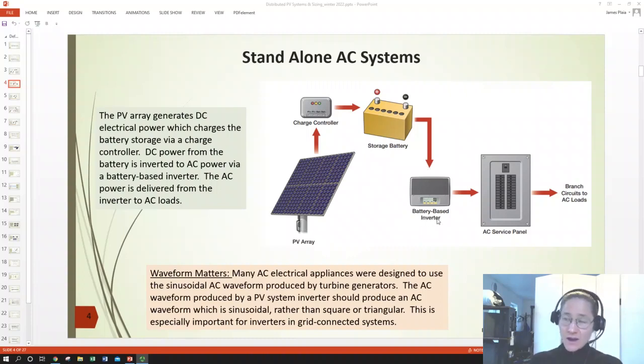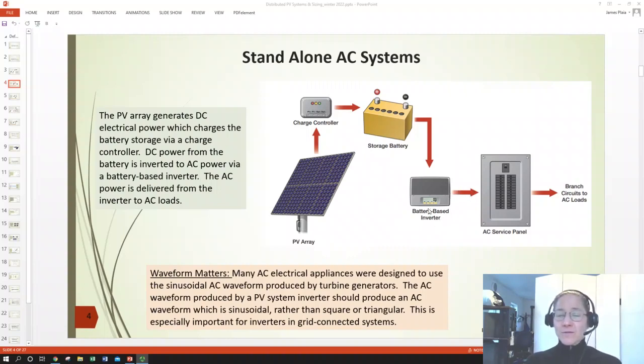So rather than a converter, which just switches voltage but doesn't change the waveform, you still got a flat wave DC. This one we're going to go from just a flat time independent voltage signal and current signal to one that changes, periodic signal, alternating current, and of the waveform that we want to run our appliances.